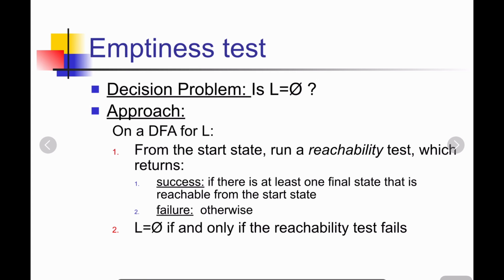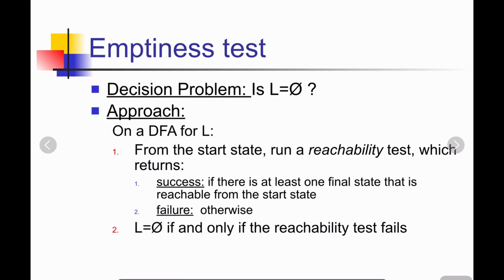How to test it? Again, one approach is to build a DFA for L. From the start state, run a reachability test, which returns success if there is at least one final state reachable from the start state.